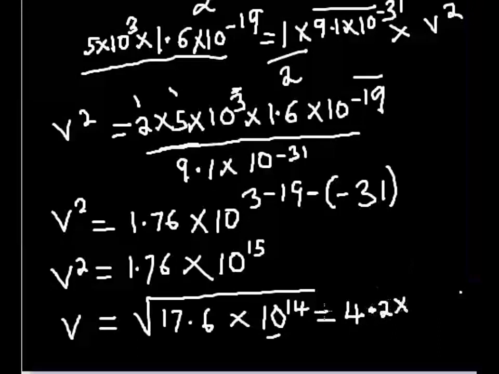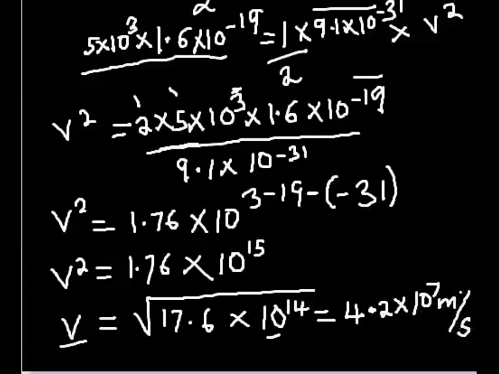Then multiply by the square root of 10 raised to the power 14. To find the square root of powers of an index, divide the index by 2. So that's going to be 14 divided by 2. So that's going to be 10 raised to the power 7. Don't forget the SI unit of velocity. It is meter per second.